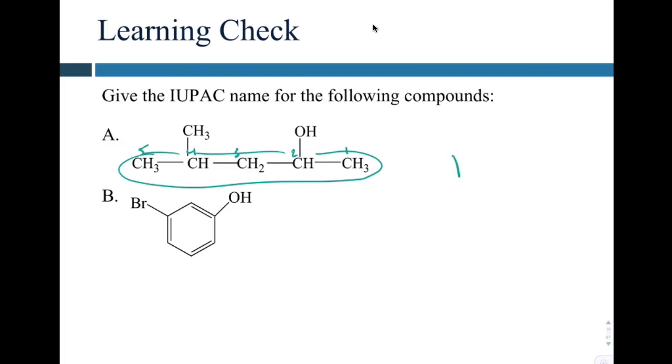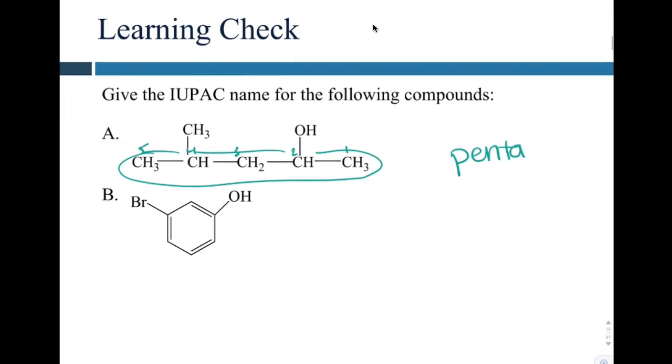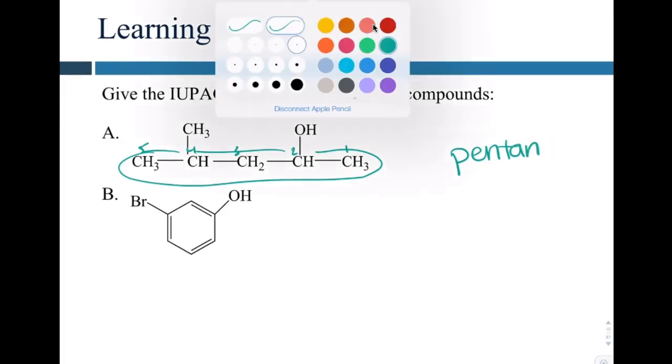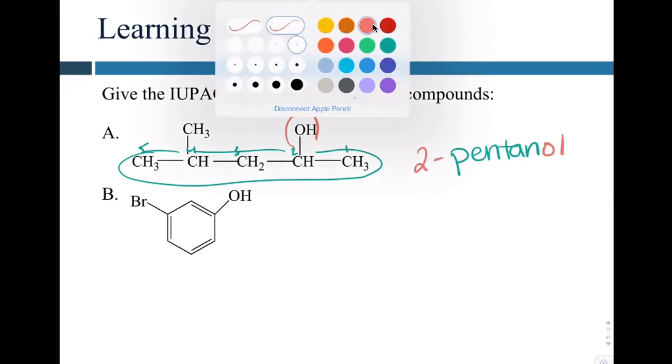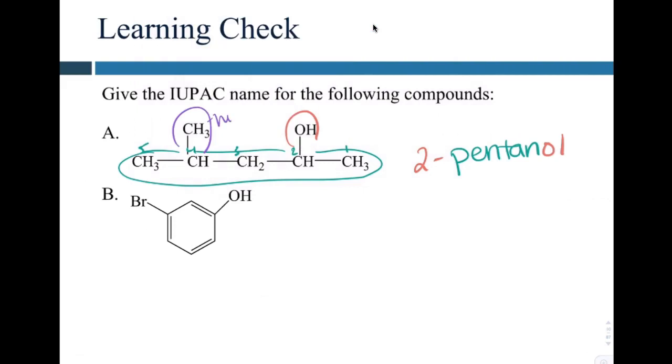And so this is a pentane, or was a pentane, but now it is a pentanol, because I've got an OH. Where is that hydroxyl? It's on the second carbon. And then I have my side chain, my methyl, hanging out on carbon 4. So this is 4-methyl 2-pentanol.